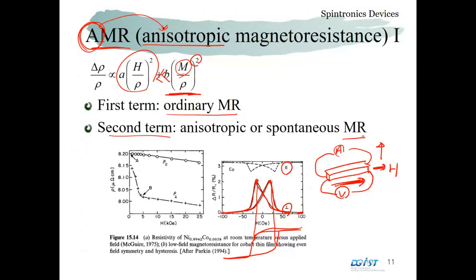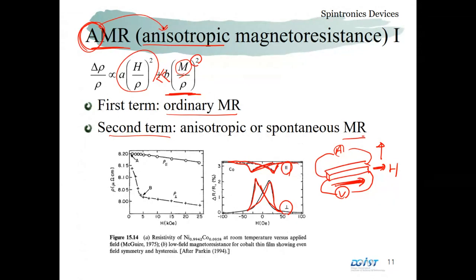And in the transverse one, with this direction, the parallel or longitudinal one has an MR but with a different sign. So when we measure the transverse one and the longitudinal one, they always have a different sign.